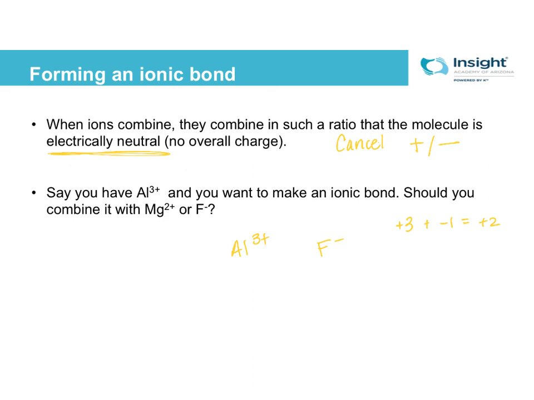I can't make aluminum form a different ion, but what I can do is bring in some more fluorines so that there's 1 aluminum with 3+, and then 3 fluorines with -1 each to form aluminum fluoride, AlF3. All right, we will definitely practice with this a lot more. I just know you have a question about this one on your quiz.